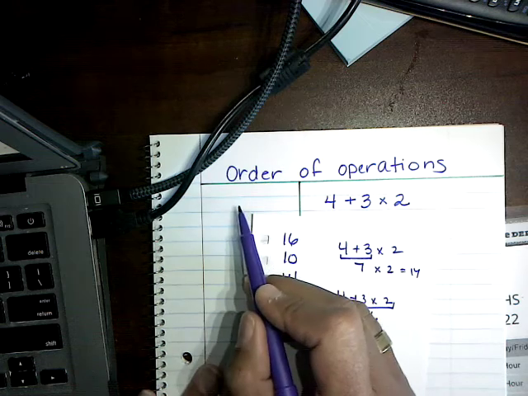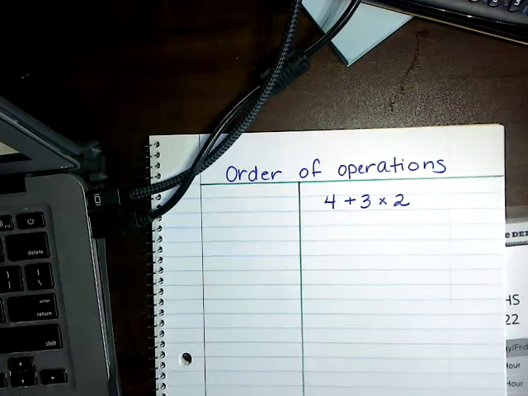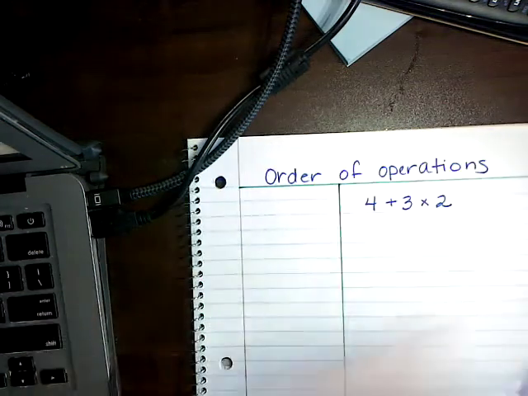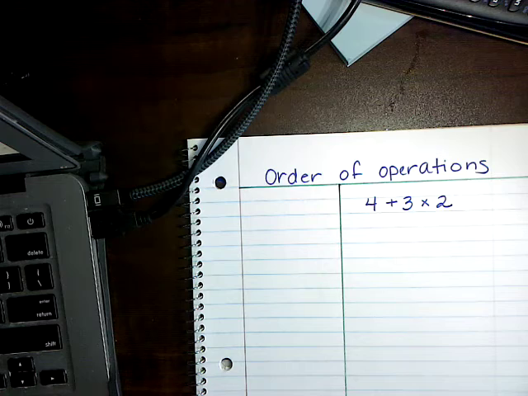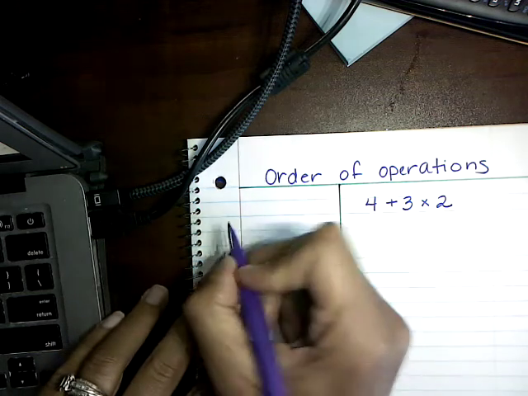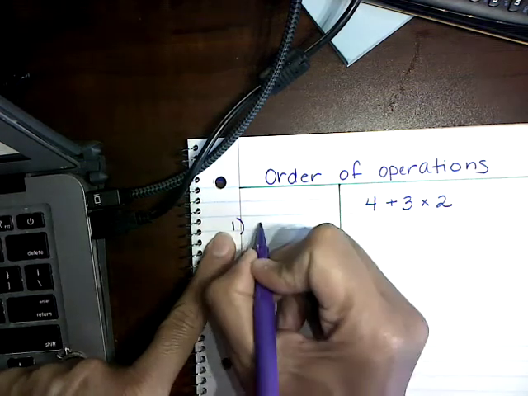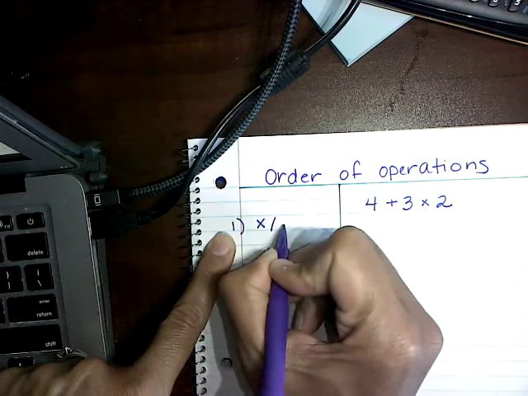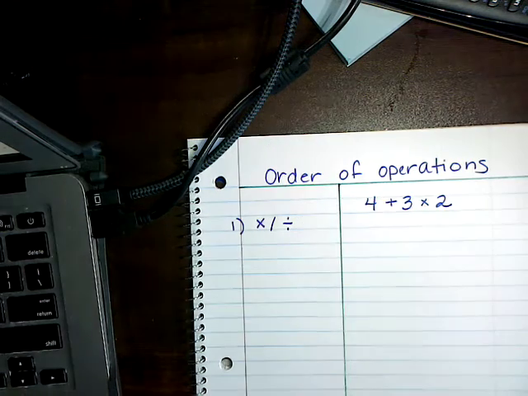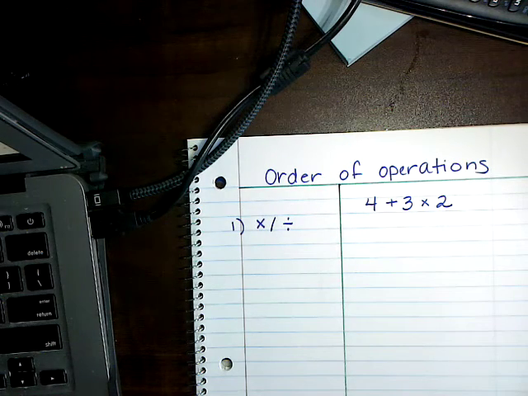This is the rule, okay? So first, and this is what we're going to do today. We're only going to put 2 rules today. Number 1, write this down. You do multiplication or division, that's first. So you multiply or divide first.